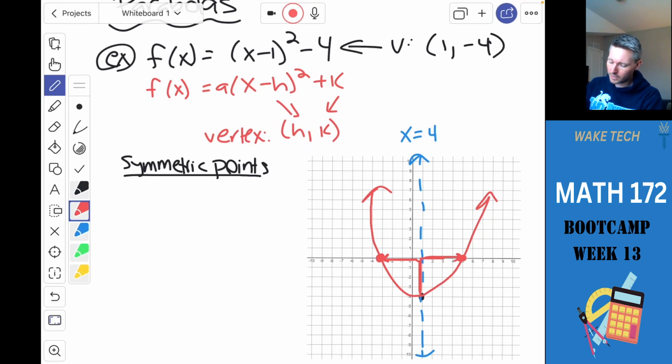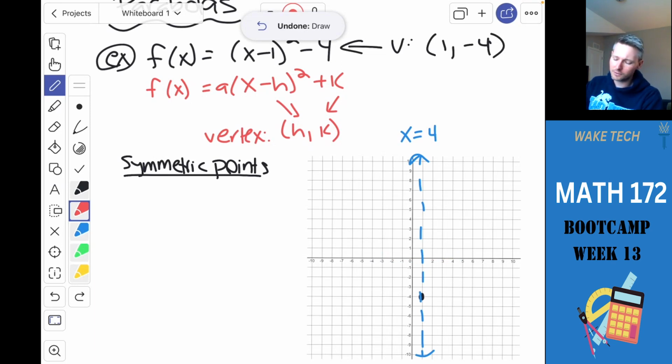So that's what we'll do here for this graph as well. All we need to do is pick an x value from anywhere on the left half of the parabola. 0 is a really cool one to pick.